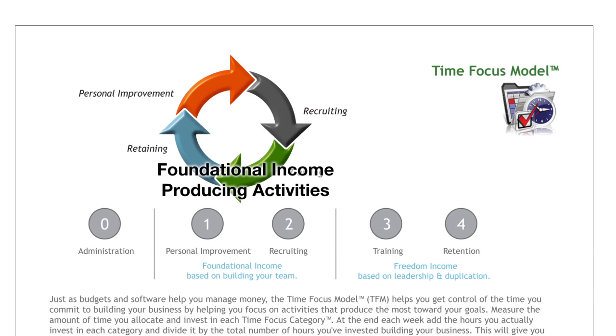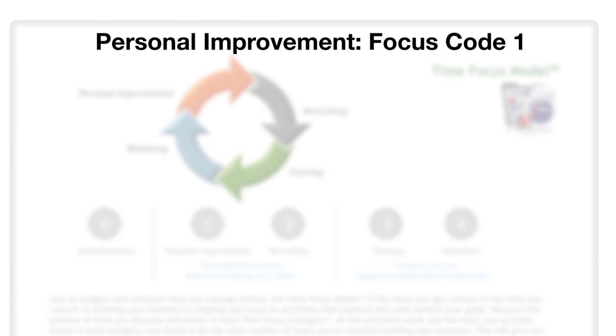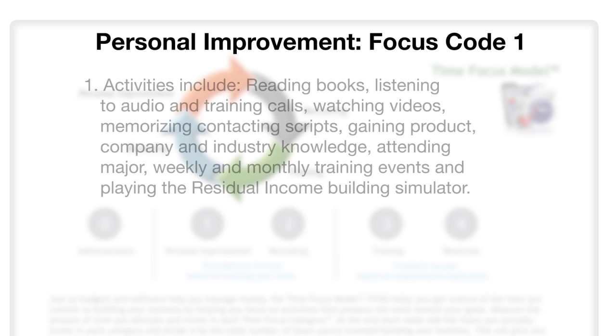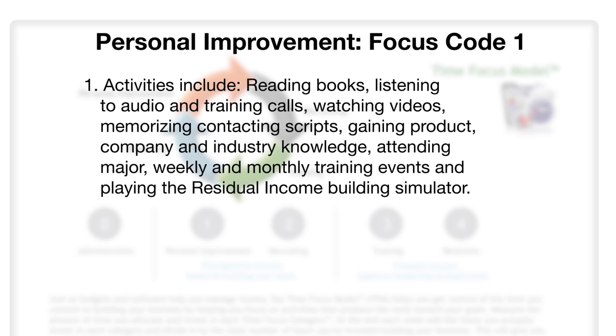The two foundational income-producing activities include personal improvement and recruiting. Personal improvement, TimeFocus code 1, relates to activities like reading books, listening to audios and training calls, watching videos, memorizing contacting scripts, gaining product, company, and industry knowledge, attending major weekly and monthly training events, and playing the residual income business building simulator.